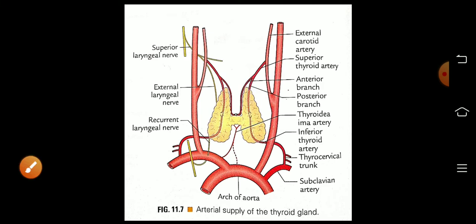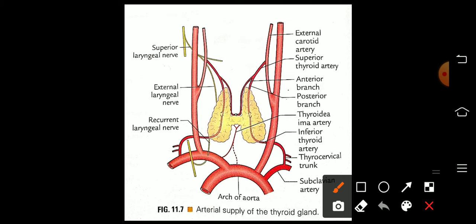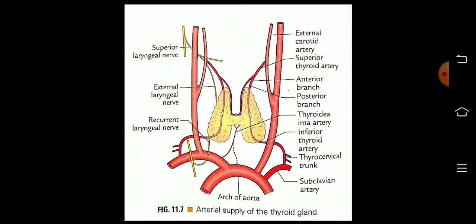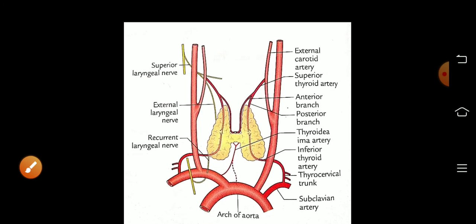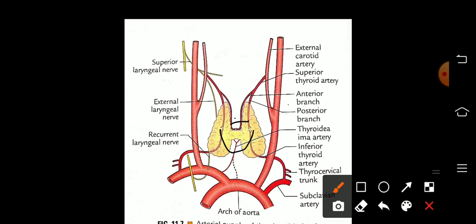So this is the course. When you're seeing the supply, the superior thyroid artery nearly supplies the upper one third of the gland, and it also supplies the upper part of the isthmus, right? Now this is the isthmus part. As you can see very clearly, this is the isthmus part.